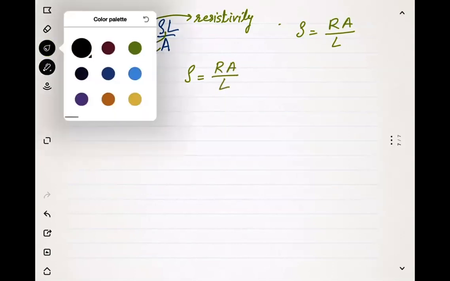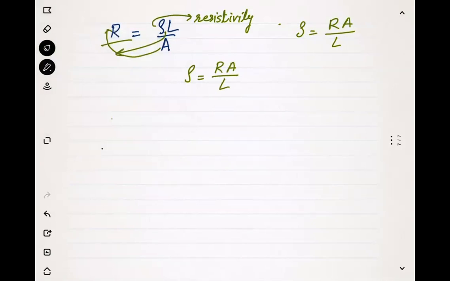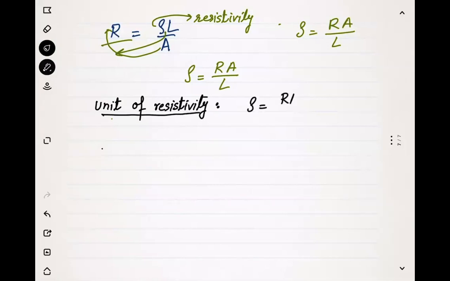From this formula, we can get the base unit and unit of resistivity. First, we should get the unit of resistivity. Resistivity is resistance into area over length. Resistance is in ohms, area is in meter square, and length is in meters.